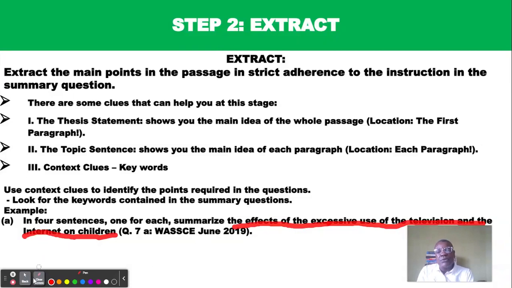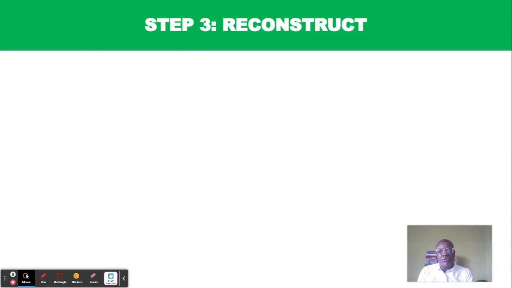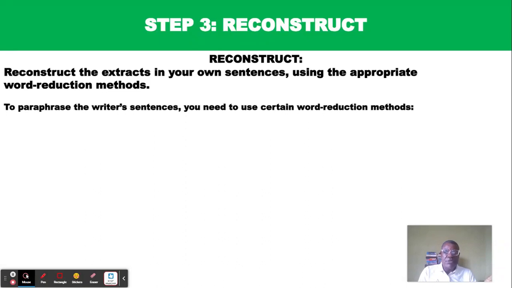After doing this, you go to the next step, which is reconstruct, and that is where we are going right now. That is step number 3, reconstruct. Now, having extracted those ideas, the next step is to reconstruct the extracts in your own sentences using the appropriate word reduction methods.